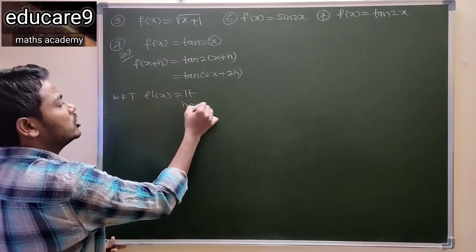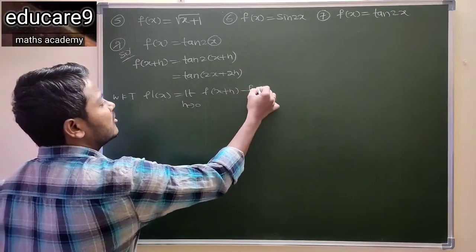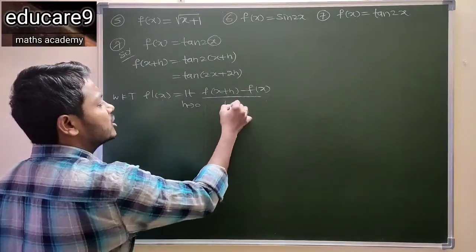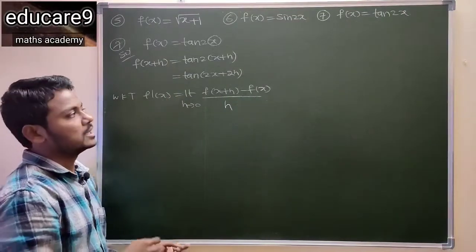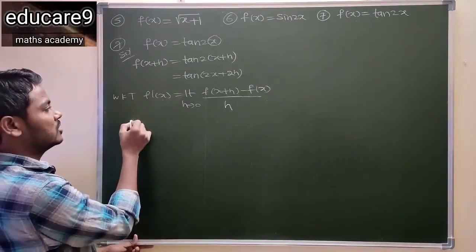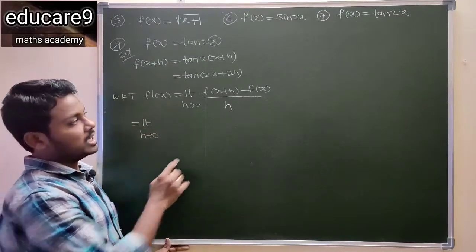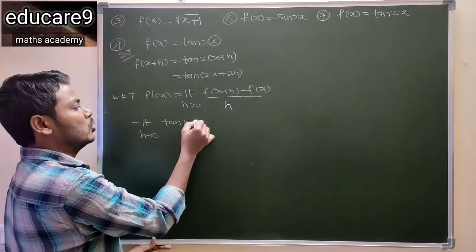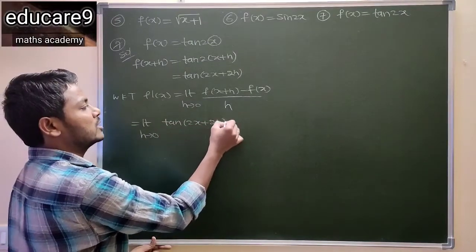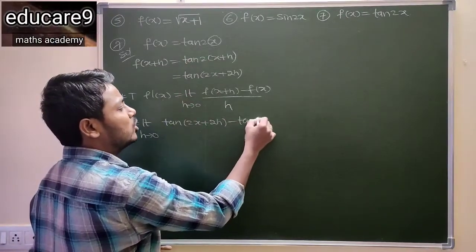Limit h tends to 0 f of x plus h minus f of x divided by h, and substitute both functions in the first principle formula. So this is limit h tends to 0. What is f of x plus h value? Tan of 2x plus 2h, minus what is f of x value? Tan 2x.